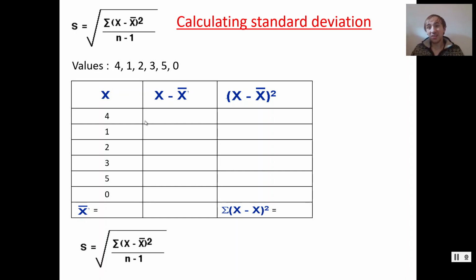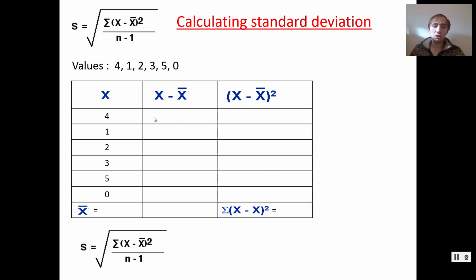So, the first thing you then need to do is fill in this column with your x minus x bars for each sample. I'll give you the first one. The x here is 4. It doesn't tell you what it is, but it's the height of the man, whatever it might be. 4 minus x bar, the mean, remember. So 4 minus 2.5 makes 1.5.